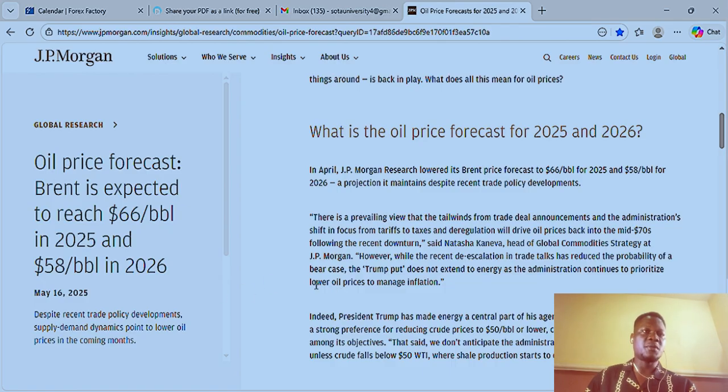So you can go through their website and read all those and read the key takeaway on this commodity, this US oil. What is the US oil price forecast for 2025 and 2026?